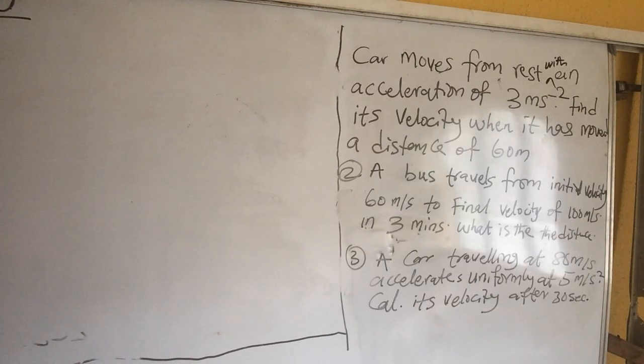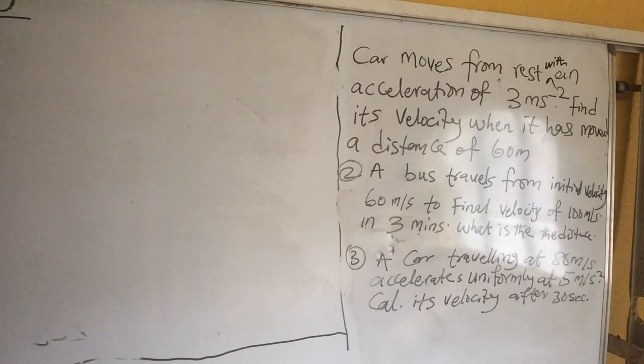Now, what did they give us? They gave us a car traveling at a velocity of 80 meters per second. They gave us an acceleration, which is 5 meters per second square.